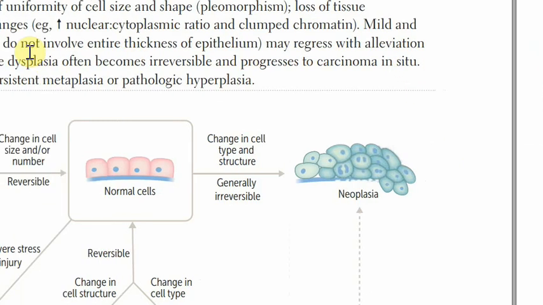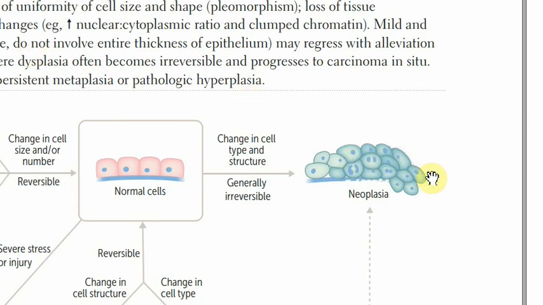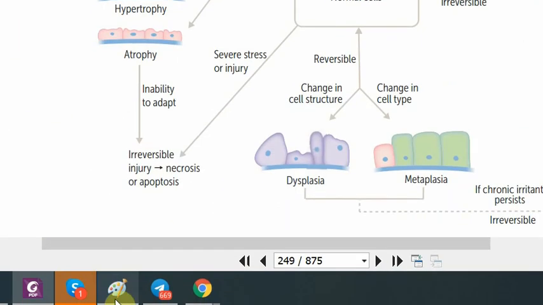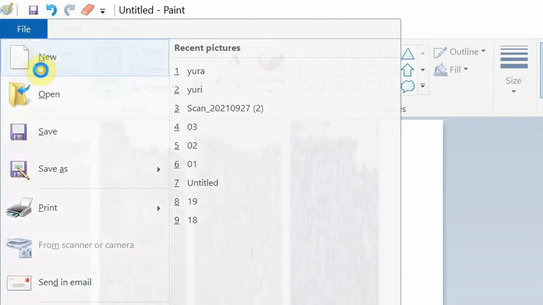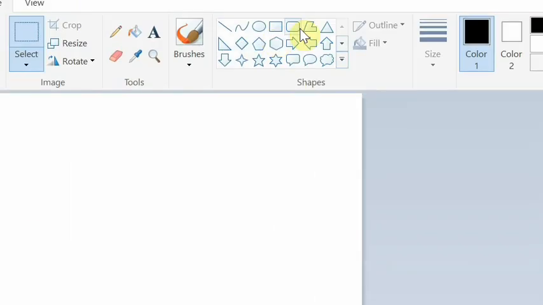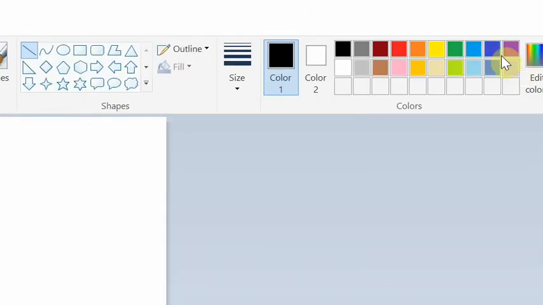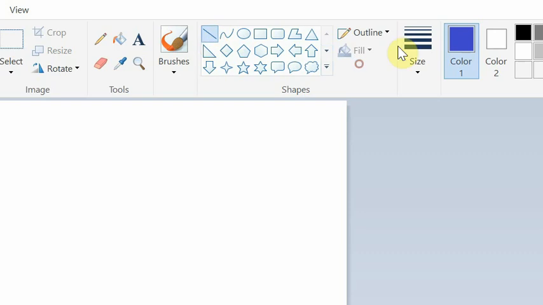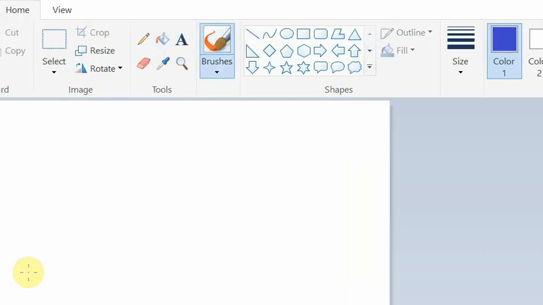Mild and moderate dysplasia do not involve the entire thickness of the epithelium. So, let me explain what they are saying. They are saying that if you have your basement membrane in blue, you have, let's imagine, multiple layers of epithelial cells, like in the cervix.